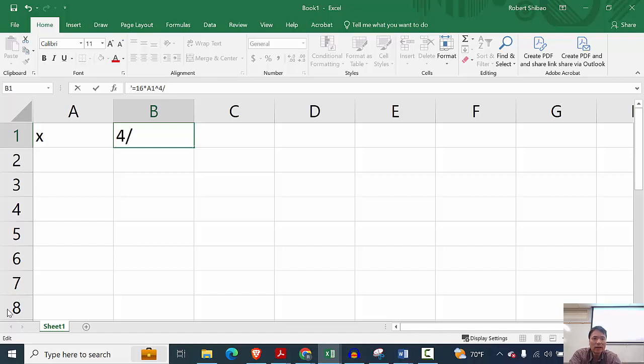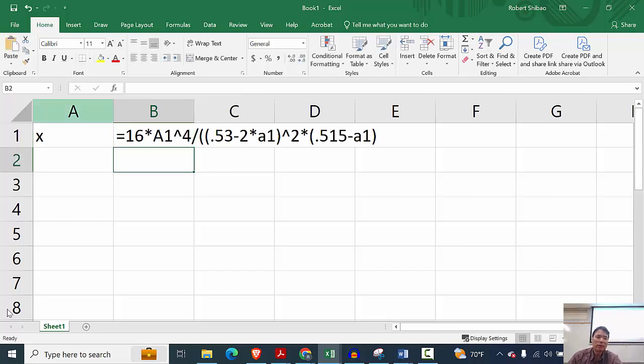And then we'll go ahead and divide this by, actually, let me do this in parentheses, 0.53 minus 2x, so 2 times A1, quantity squared, and actually, I'm going to need one more set of parentheses here, times parentheses 0.515 minus A1. Okay, so that's the formula I'm going to use.